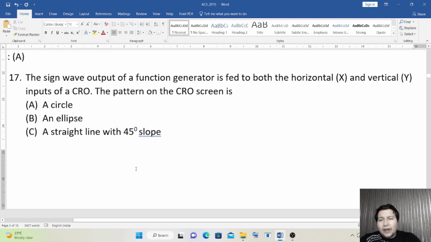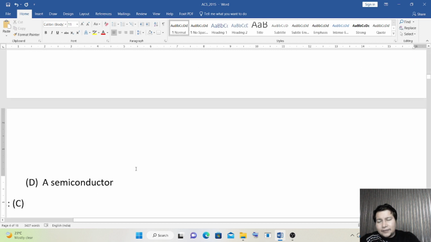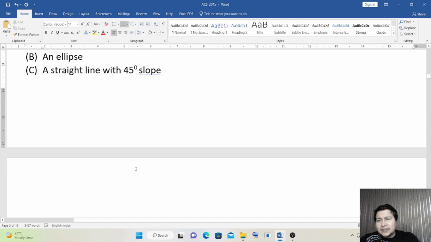The sine wave output of a function generator is fed to both the horizontal and vertical inputs of a CRO. The pattern on the CRO screen is a circle, an ellipse, a straight line with 45-degree slope, a semicircle. It is a Lissajous pattern question. So correct option will be option C, a straight line with 45-degree slope.